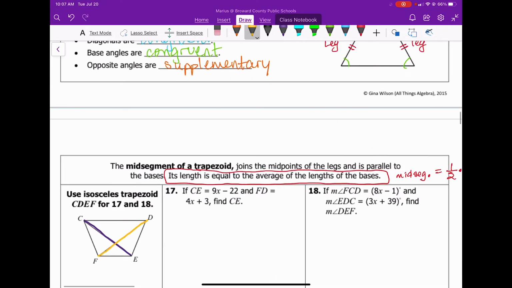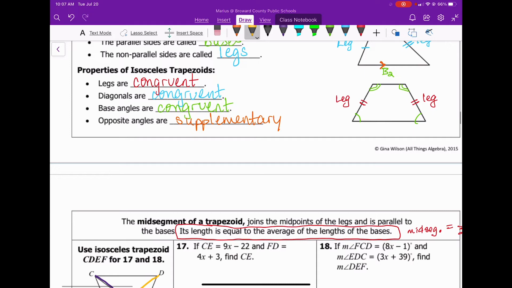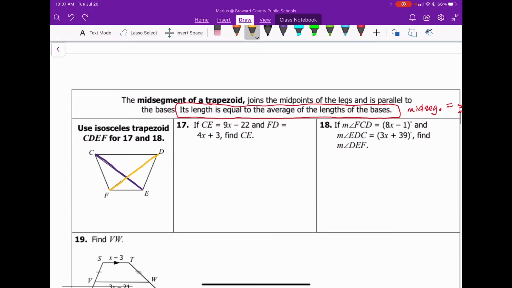If we forgot, it says right here that the diagonals are congruent, so they're the same length. I didn't mean to erase it, but let's redraw it. CE is one of the diagonals, FD is another diagonal, and they're congruent.